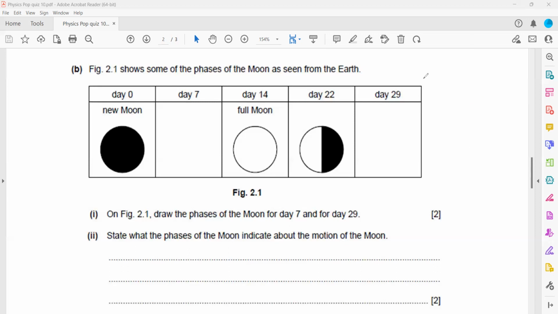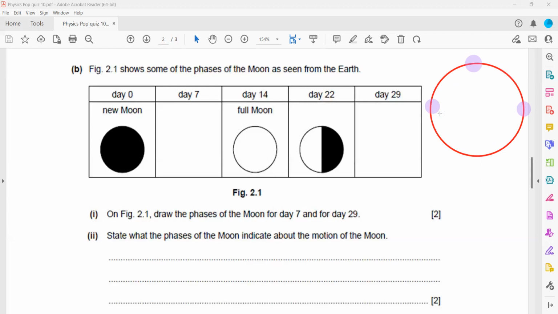When you're dividing it, say this is the position. We have the new moon, which is no moon. At this position, we have no moon. Then we will have the first quarter. This will be the first quarter.